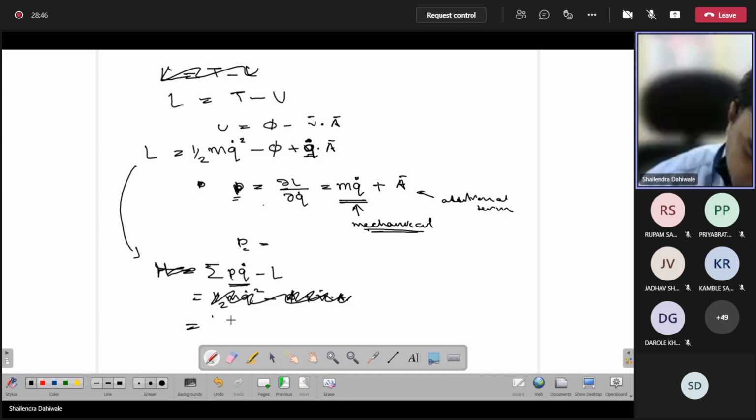If I write this, for only one system, P Q dot, right?